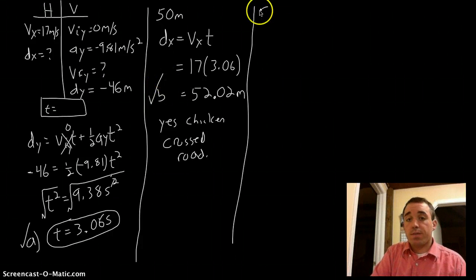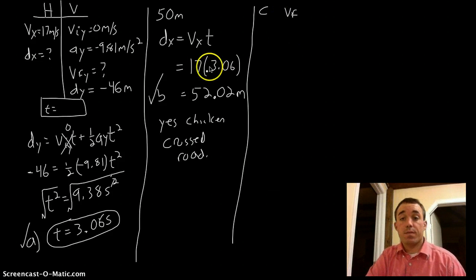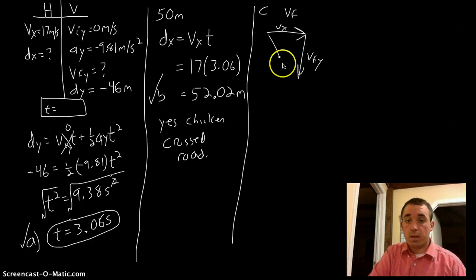Last part, part C, find VF. That's a combination again of Vx and VFY, so just like the first video, we have to find VF. We know Vx is 17 meters per second.